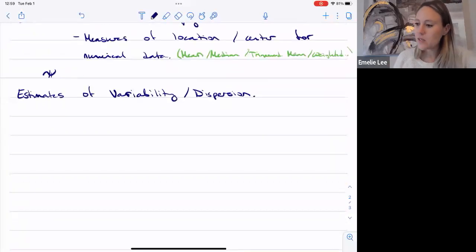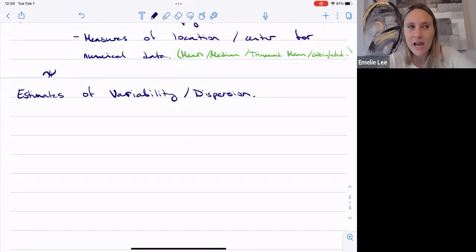So the estimates of variability, usually we talk about the variability as a measure of how far data points are from the center or from the location, right?